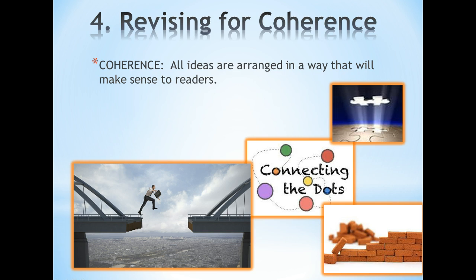Why do they connect? Because you are the one who thought them. You're the one who came up with them. What happens sometimes when we write is that what seems obvious to us is not obvious to our readers. When you check for coherence, you're trying to really read your own work the way a reader who hasn't thought what you've thought, how they're going to think about what you're communicating.